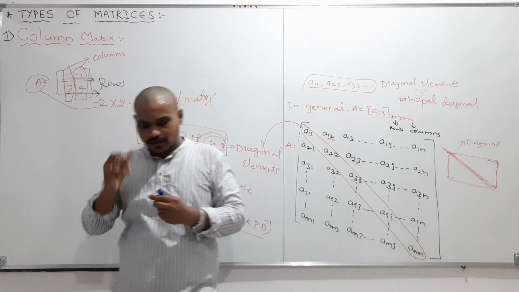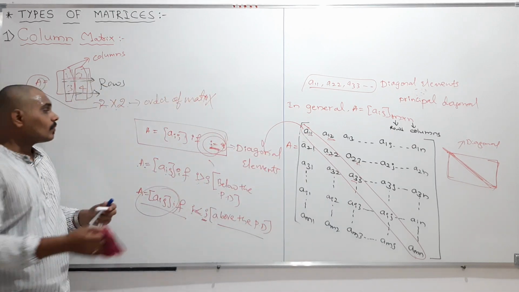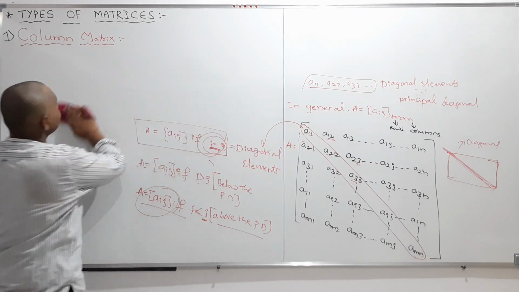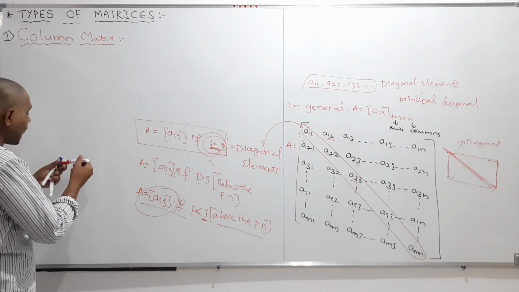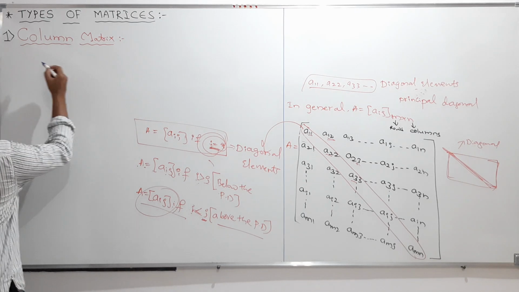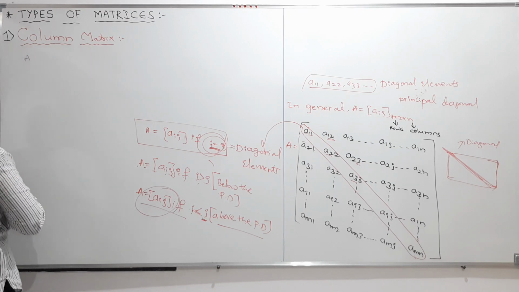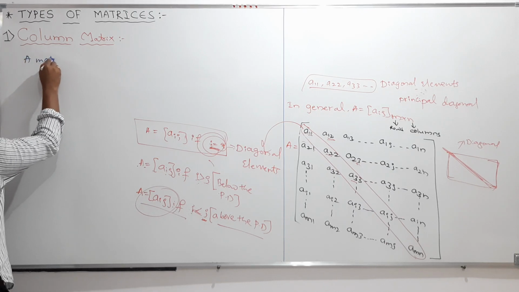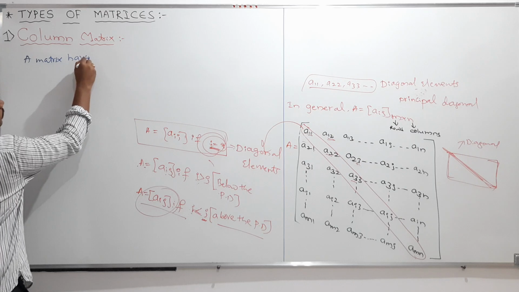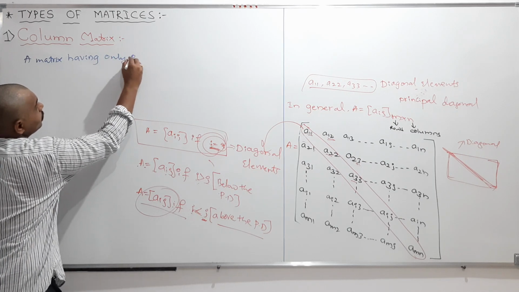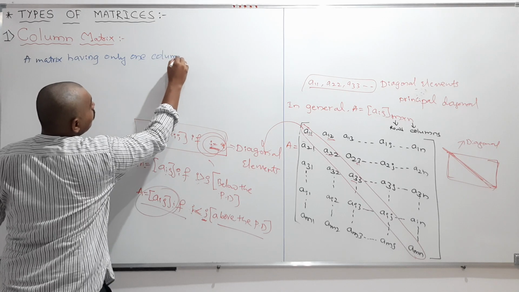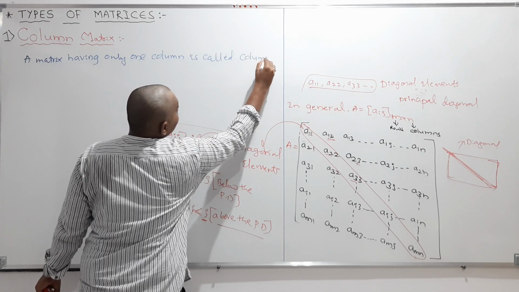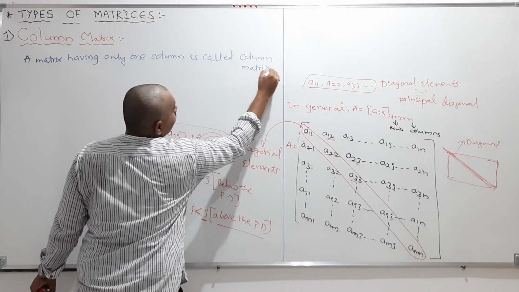So these are all information we discussed. And now I am going to discuss what is meant by column matrix. So my dear students, column matrix means a matrix having only one column is called a column matrix.